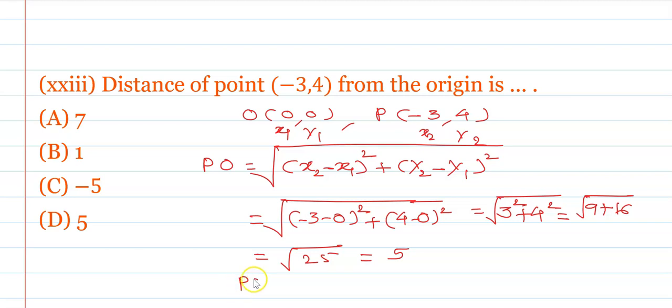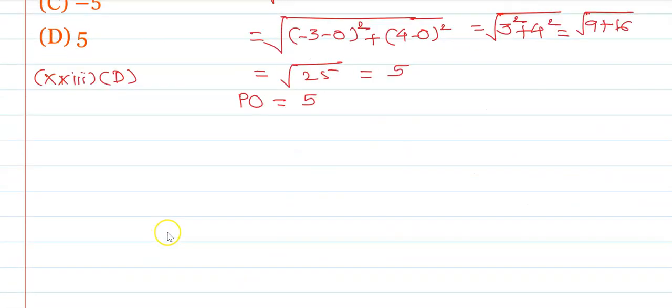Therefore, the distance of the point (-3, 4) from the origin is 5, and hence option D is the correct one. Therefore, for the 23rd question, option D is the correct one.